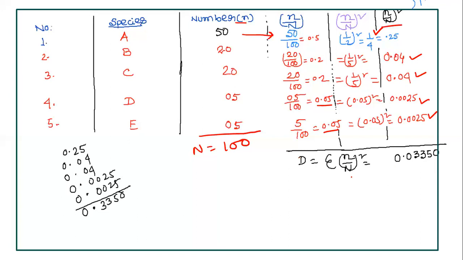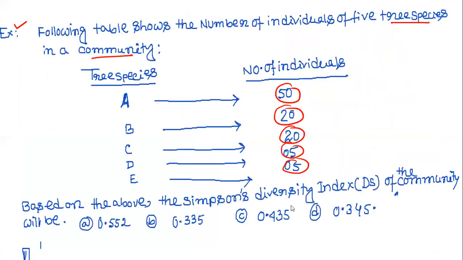So you will get D, that is the diversity index, 0.335. Now you can look at the options here. Option 2 is the correct answer, 0.335.